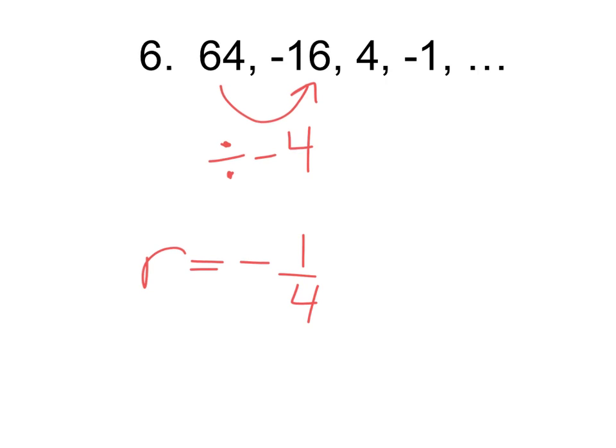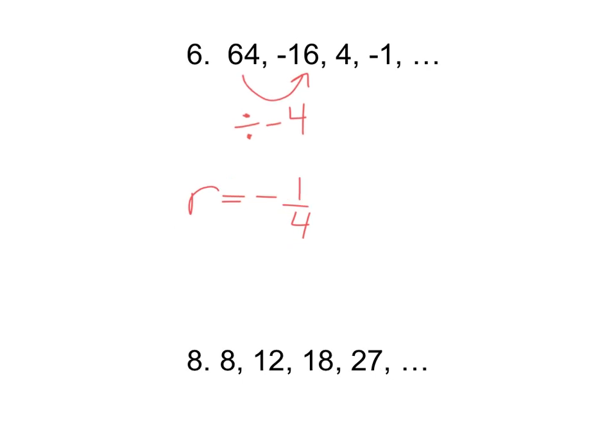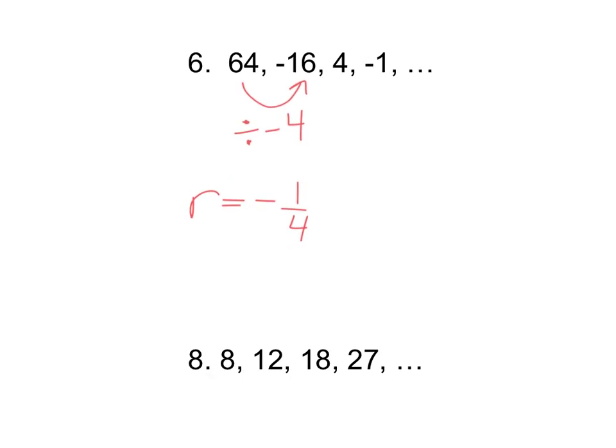Okay, and so our next 3 terms, if you multiply by negative 1/4, negative 1 times negative 1/4 would give me 1/4. We're going to leave it with fractions because we're not afraid of fractions. And if you need to write it out, you can. Negative 1 times negative 1/4 is positive 1/4. So now you take that one, 1/4 times negative 1/4.